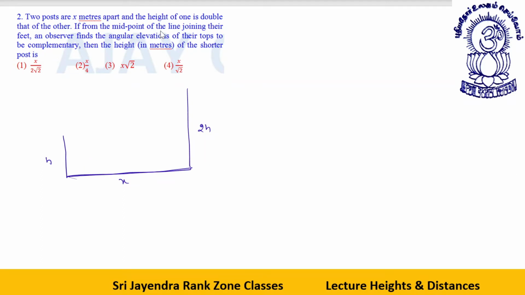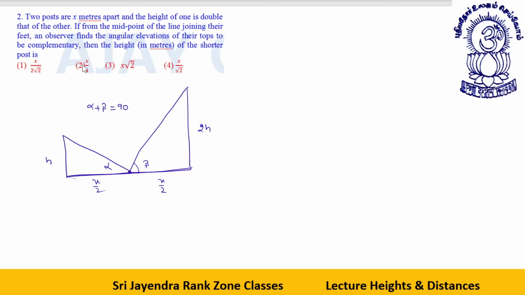If from the midpoint of the line joining their feet, this is the midpoint, so this becomes x by 2, this becomes x by 2. An observer finds the angular elevation of their tops to be complementary. Let's say this angle is alpha, this angle is beta. Alpha plus beta is given to you as 90 degrees, complementary.